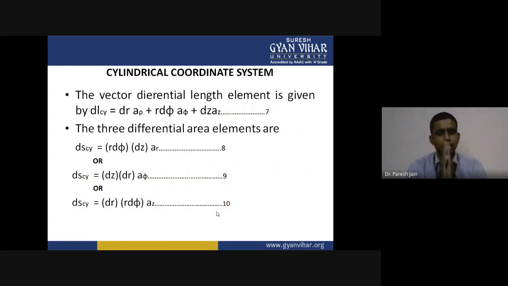So equations 8, 9, 10 represent the three differential area elements of the cylindrical coordinate system. Through this you are able to find the vector element or differential area in the cylindrical coordinate system.